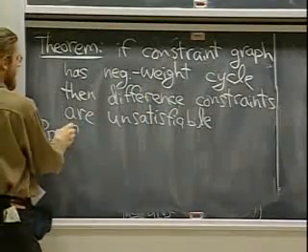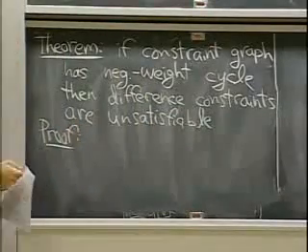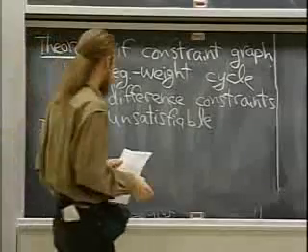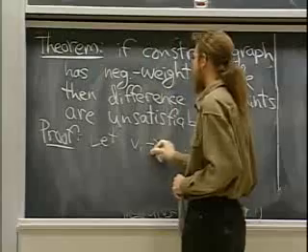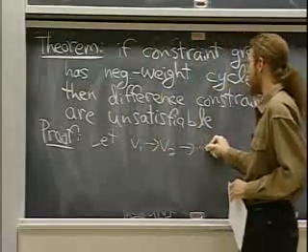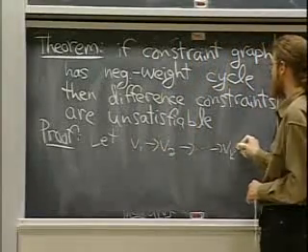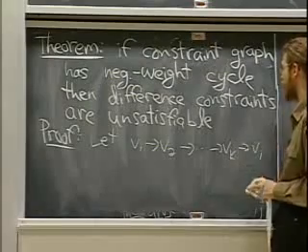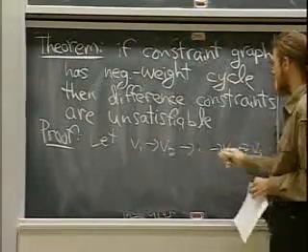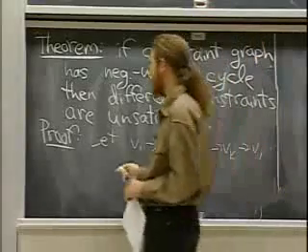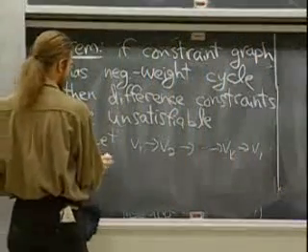There's no way to assign the xi's in order to satisfy all the constraints simultaneously. So let's just take a look. Consider a negative weight cycle. Starts at some vertex, goes through some vertices, and at some point comes back. I don't care whether it repeats vertices, just as long as this cycle from V1 to V1 is a negative weight cycle. Strictly negative weight.